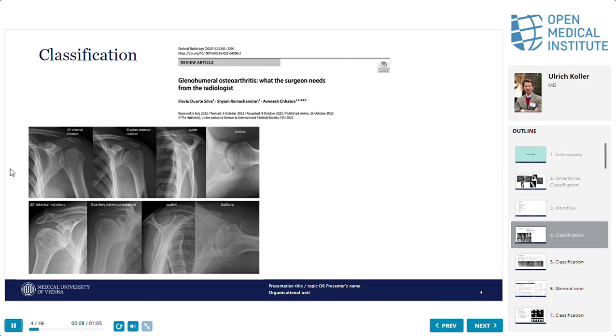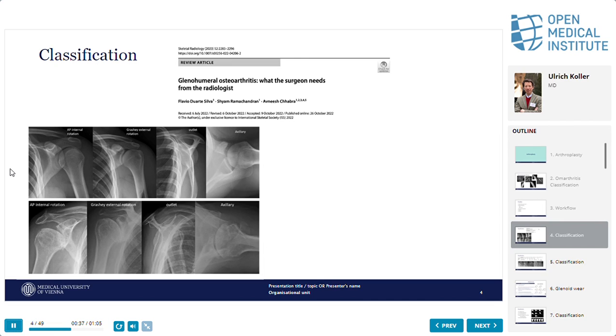This is very good to read, because you can find what kind of X-rays you need, what kind of CT scan, what MRI, and what kind of angles you measure, and so on. For me, it's quite important that we have all these X-rays in our clinics: AP, Grashey view, and so on, where we can judge.